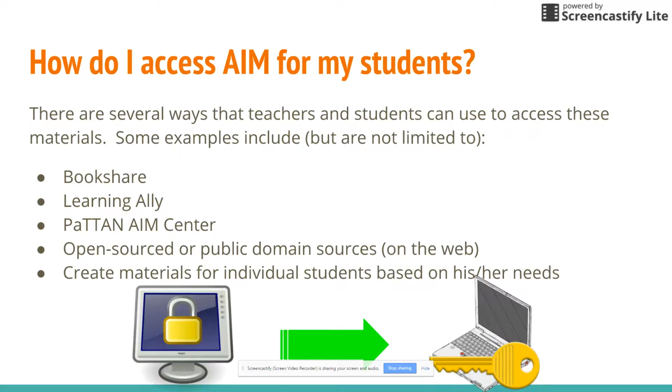And then lastly, you can create materials for individual students based on their needs. So if you have a student who needs an accessible format, you can take that information and you can convert it manually yourself into a Word document. Whether you use something like Adobe Pro, that you can make it so that it's accessible, or you're just retyping things into a Word document, you can do them that way too.